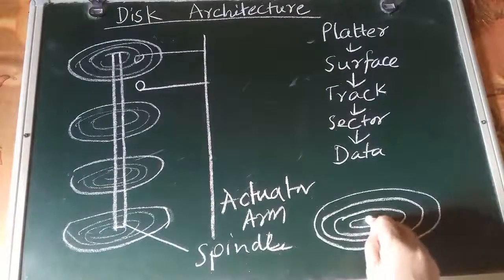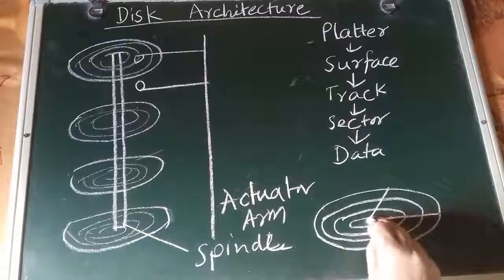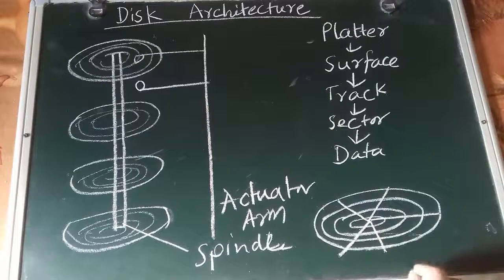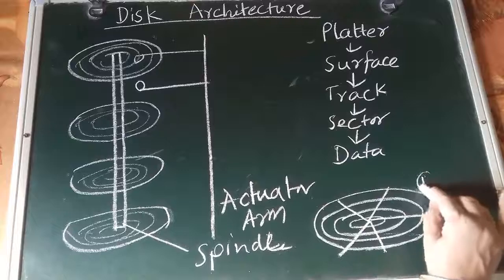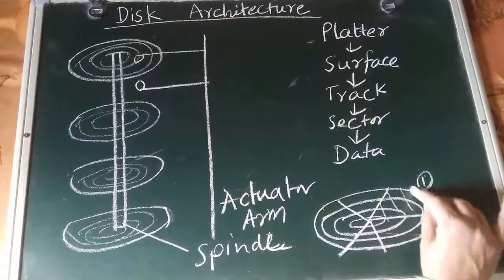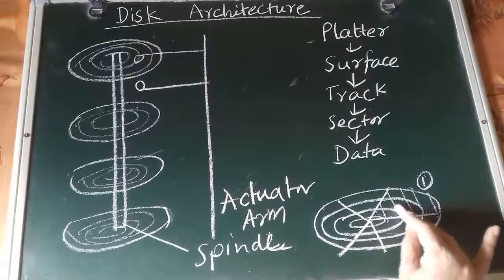All the tracks are divided into some sectors. From the center, if we draw some lines, this will be a sector. I am giving the name of this as sector 1. Sector 1 covers all the tracks.